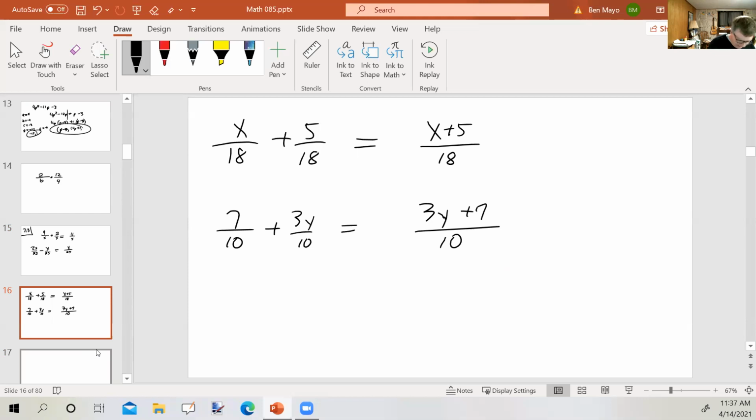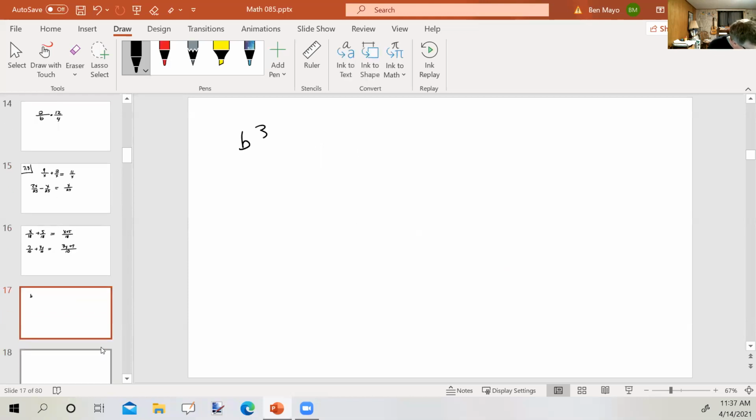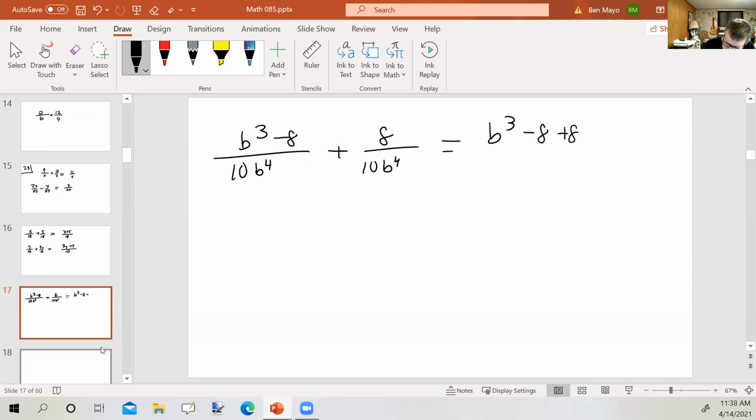If I have b cubed minus 8 over 10 b to the 4th plus 8 over 10 b to the 4th, that is b cubed minus 8 plus 8 over 10 b to the 4th, adding the numerators over the common denominator. Now, simplifying the numerator, the minus 8 and the plus 8 would cancel each other out.